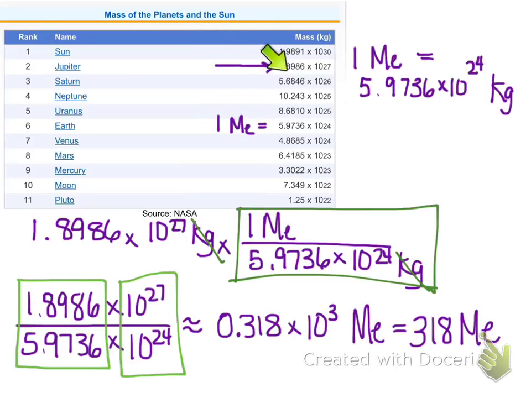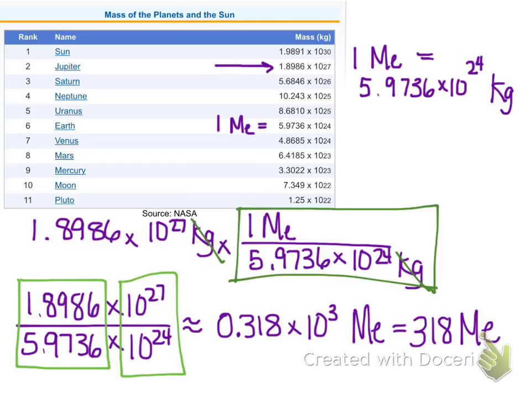Okay, so it kind of seems like we taught you scientific notation and then we're showing you a way to not use scientific notation. So in a sense, that is what we're doing. But we still need the scientific notation to get to these units and to be able to convert back and forth between them.